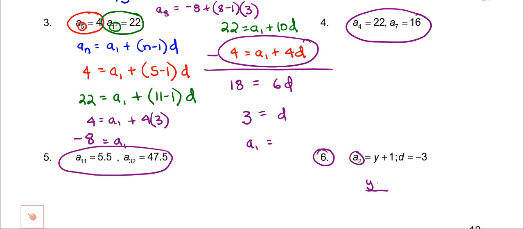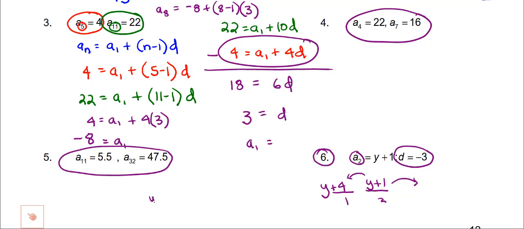Second term. So if D is negative 3, I go negative 3 if I go this way. What do I do if I go this way? Plus 3, right? And so it's going to be y plus 4. Does that make sense? As the first term.